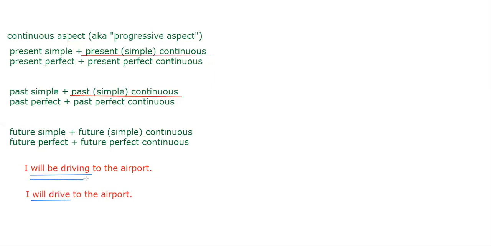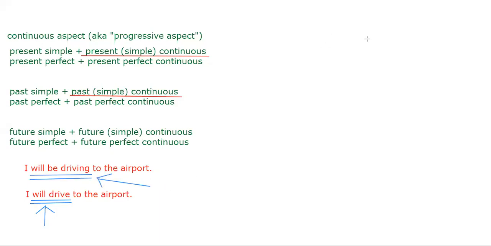This one implies that this action is in progress. This one implies that this action will be complete. In a sense, it will take place at a single point in time, it won't take place over a certain period of time. The action will take place at a single point in time, whereas this one means that the action will take place over some long period of time, if that makes sense.